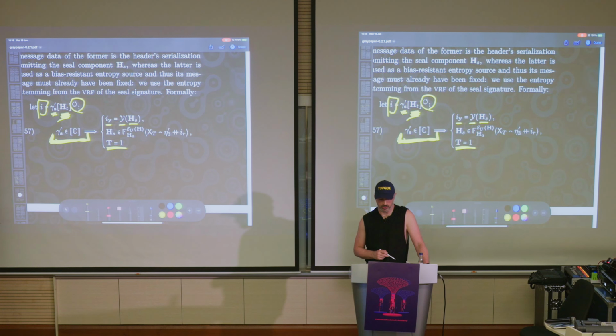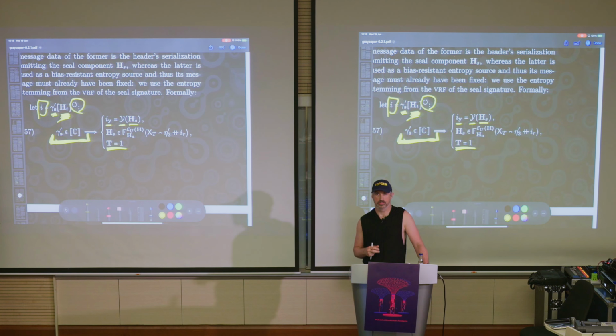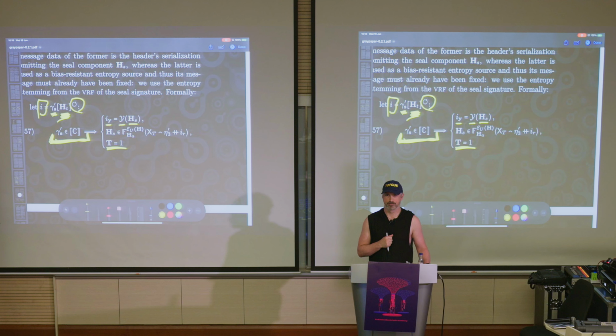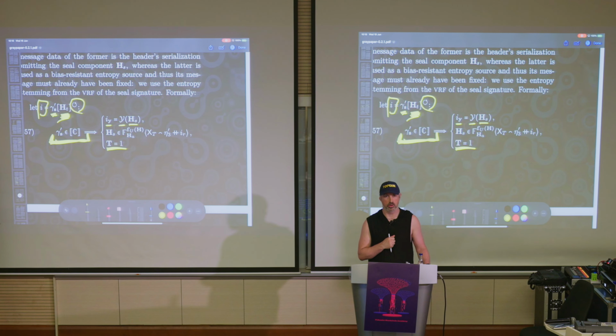Basically, we're looking to make sure that the authorizing seal of the block is correct, that it results in the correct ticket identity. If it doesn't, it means a validator is not allowed to produce this block because they have not proven that they actually own the ticket, that they control the key behind the ticket. So that's what this bit means.